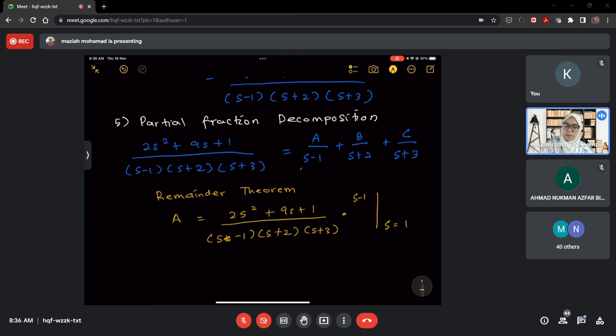Okay, from here, s minus 1 equal to 0, s equal to 1. Right? So please calculate A.